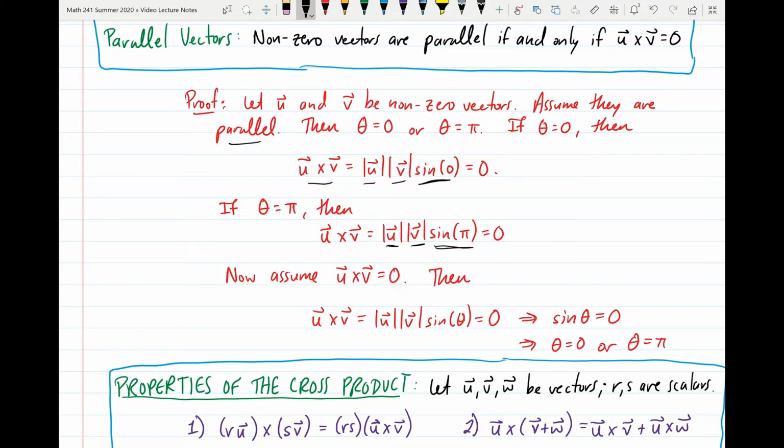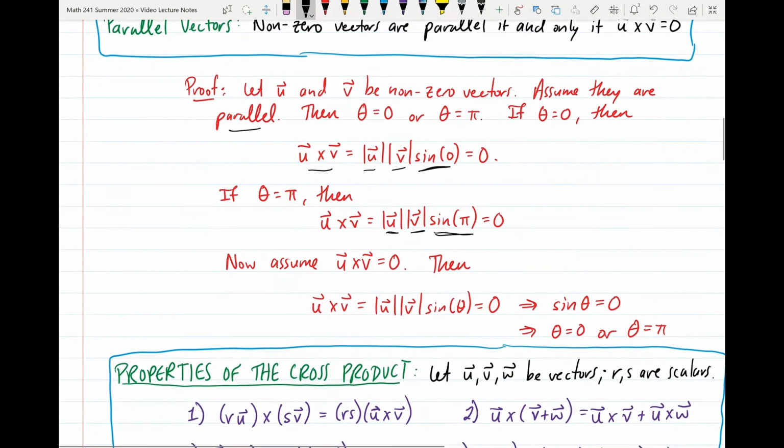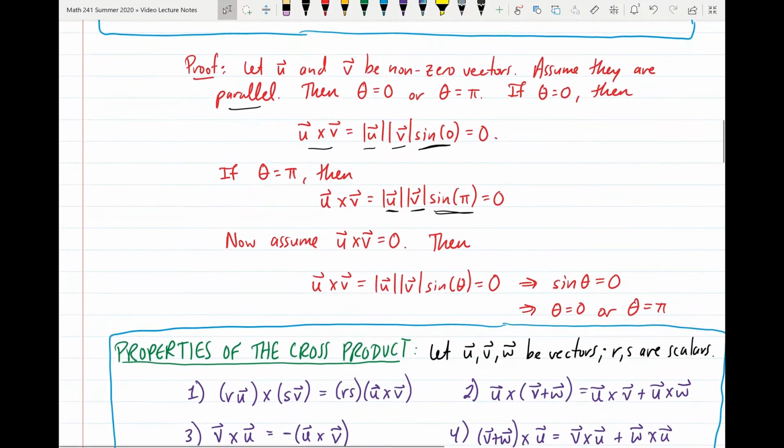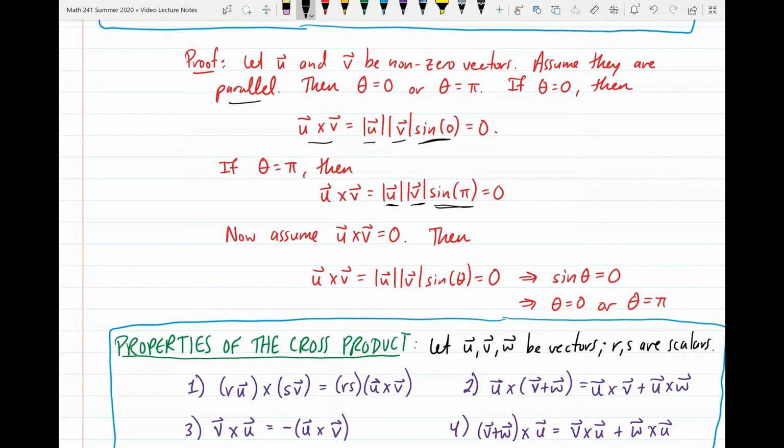And again, the sine of pi is equal to 0. So if u and v are parallel vectors, then we have that the cross product of u and v is equal to 0.